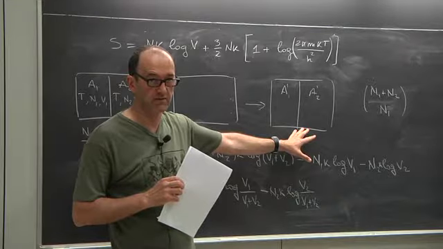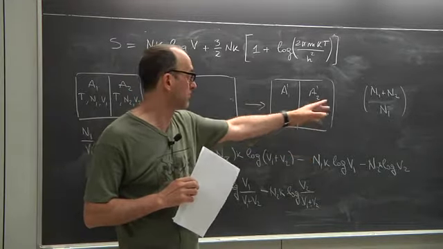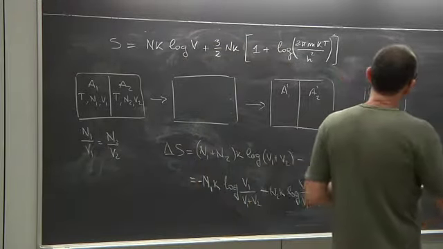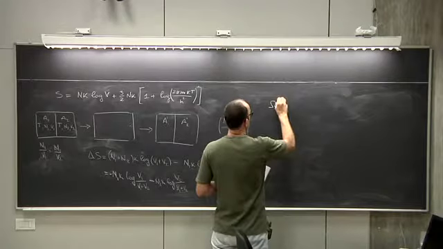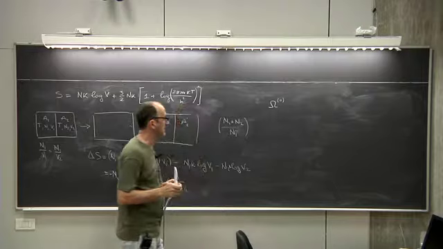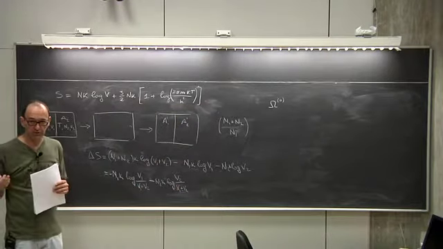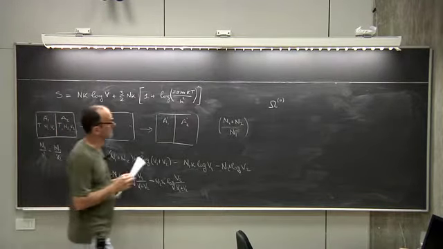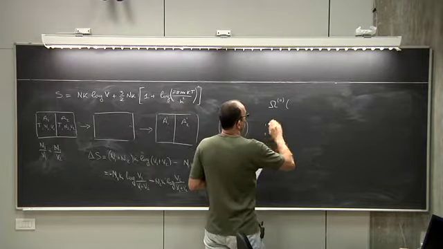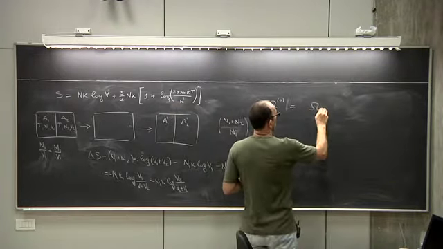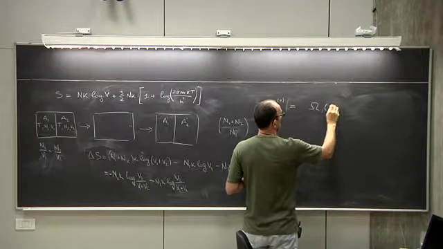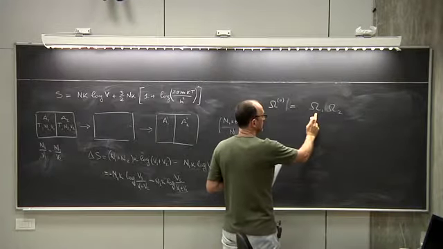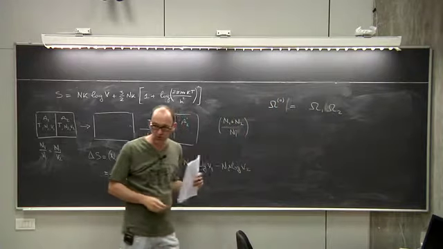This is the combinatorial factor. What this means is that when I compute the number of microstates which describe this system here, then I should consider the product of the number of microstates in system 1 and the number of microstates in system 2.